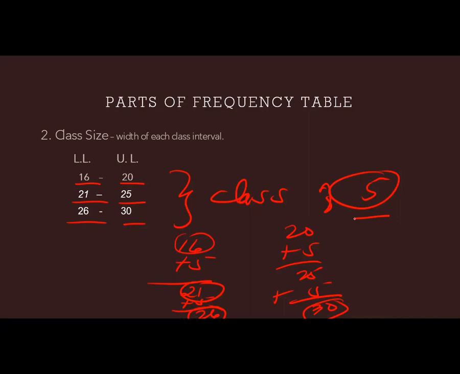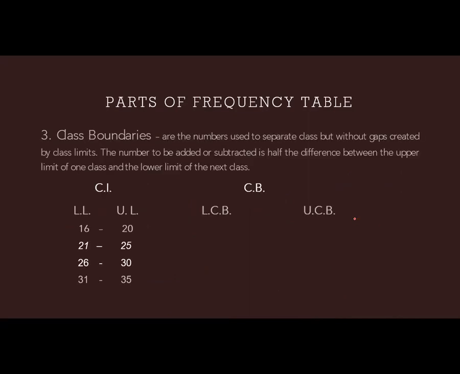The third one is class boundaries. These are numbers used to separate classes but without the gaps created by class limits. The number to be added or subtracted is half the difference between the upper class limit of one class and the lower limit of the next class.